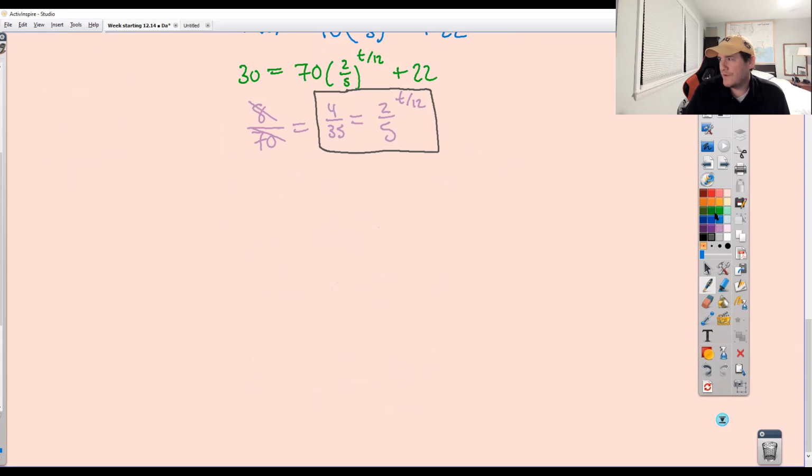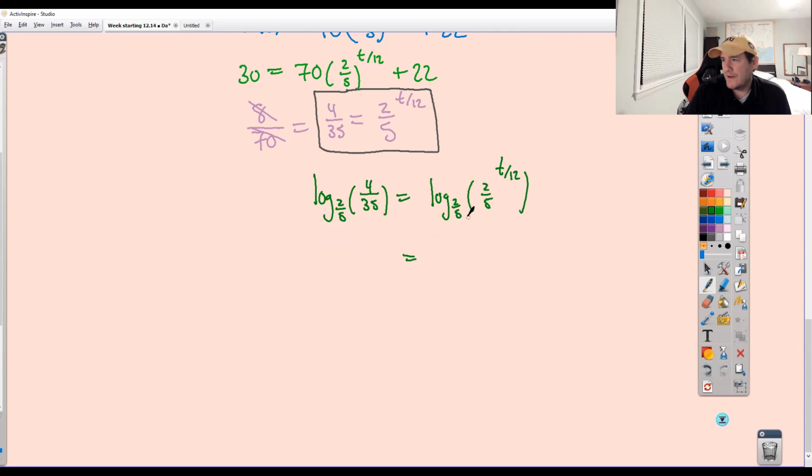I still prefer to just think of it as taking the log of both sides. My exponential has a base of 2/5, so I'll take a log with a base of 2/5. So I'll get log base 2/5 of 4/35. And again, technically that'll be equal to the log base 2/5 of 2/5 to the t over 12. This is a step you should never show.